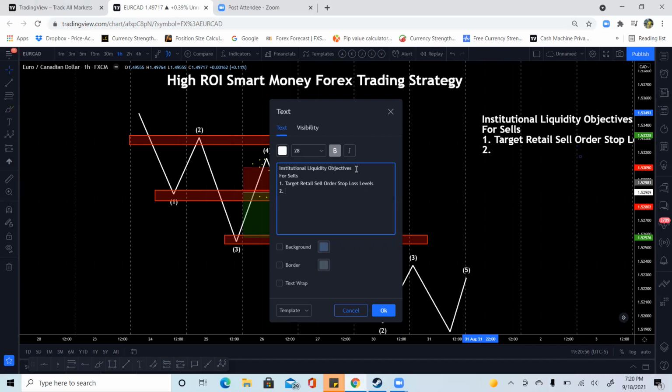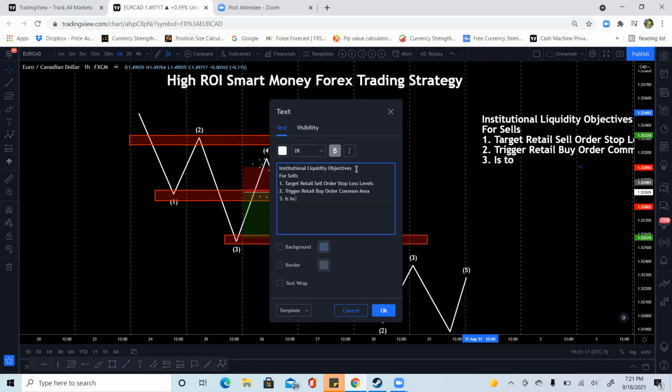Two, trigger retail buy order common area. And three is to mitigate. I'm going to show you what this is.